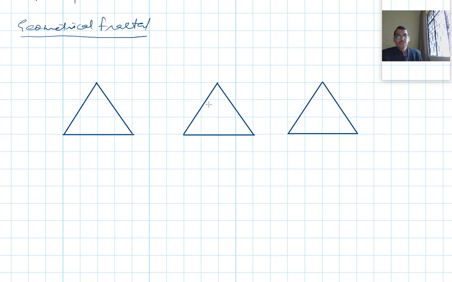If we cut a triangle like this, we will remain with this portion, this triangle.